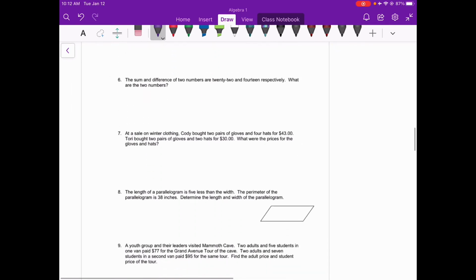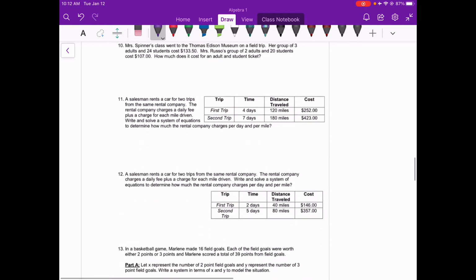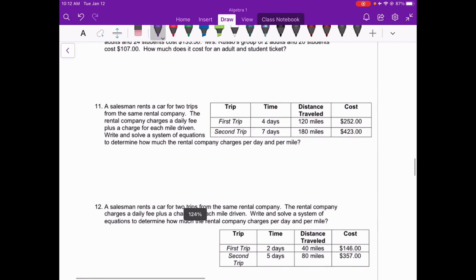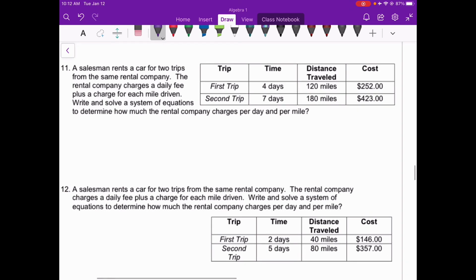Alrighty, we're going to leave some of this worksheet for class, so let's go ahead and do one more. In this video, we're going to go over the salesman rents problem. That's problem number 11. Okay, so a salesman rents a car for 2 trips from the same car rental company.